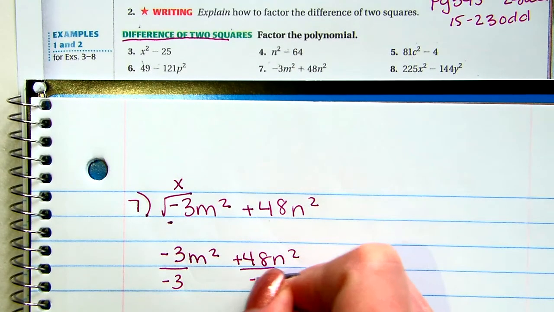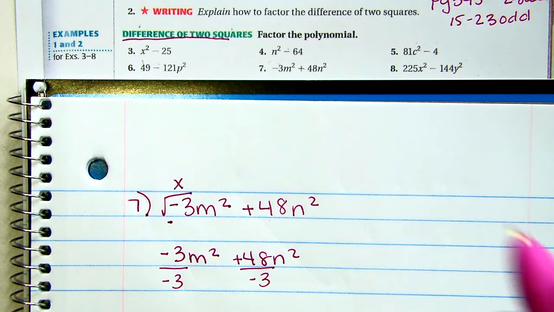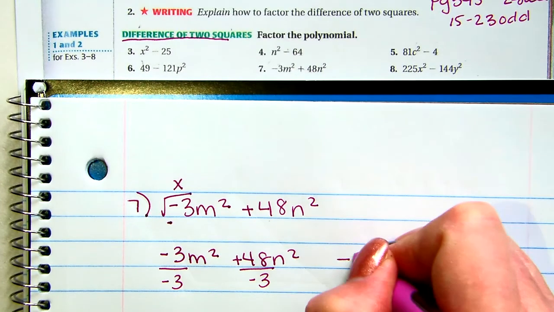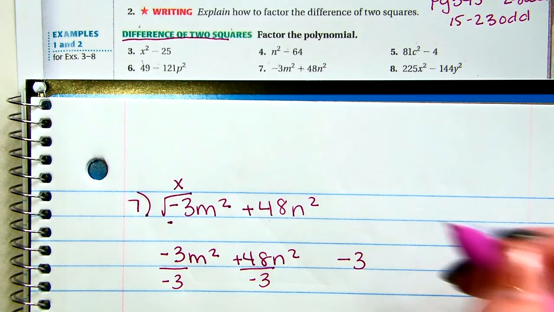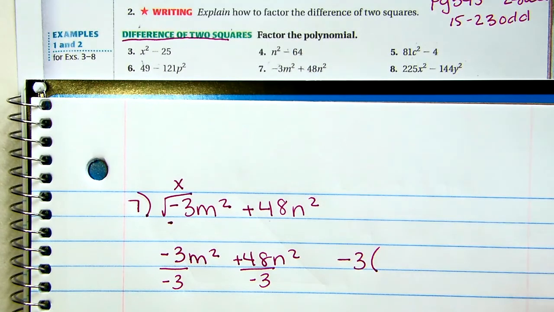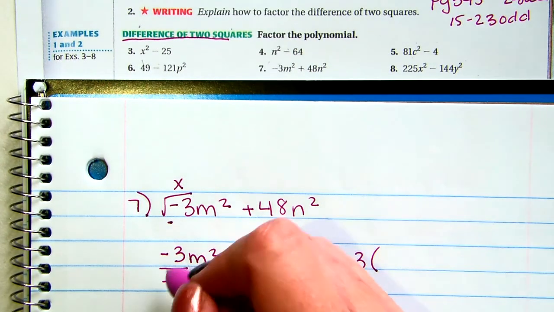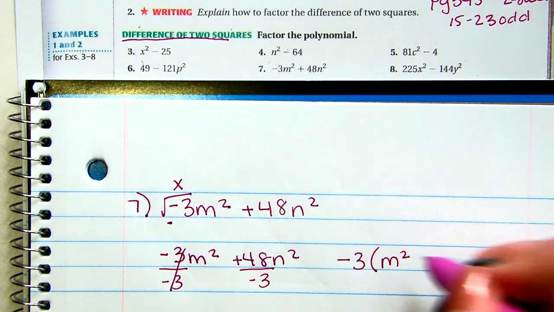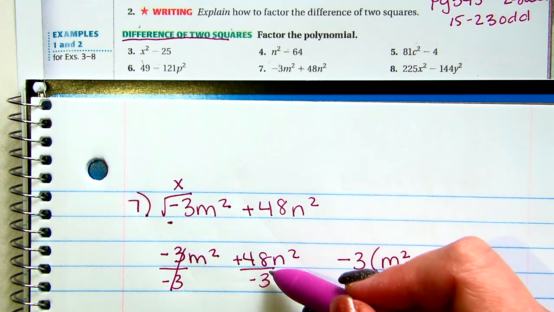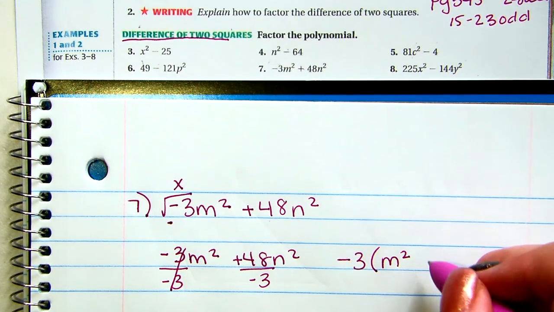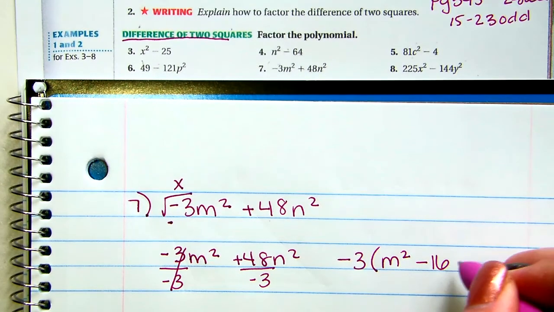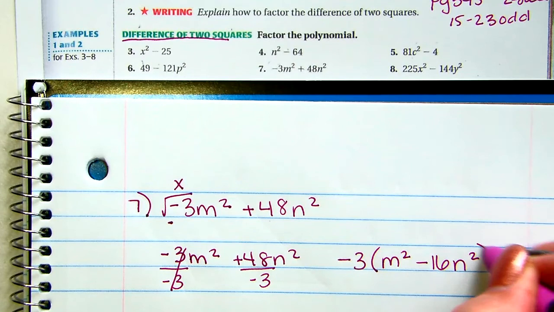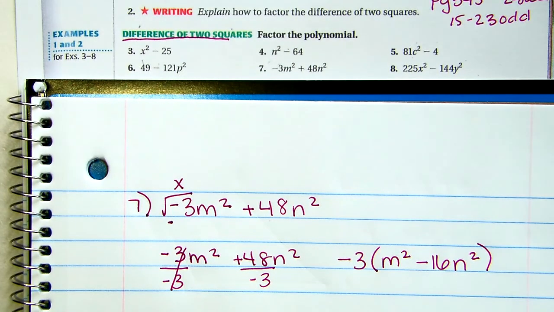Now by dividing it there, my -3 goes on the outside, and what I'm left with inside, my -3's cancel here, leaving me with m squared. 48 divided by -3, that's going to give me -16. So a workable problem that I have is -3 parentheses m squared minus 16n squared.